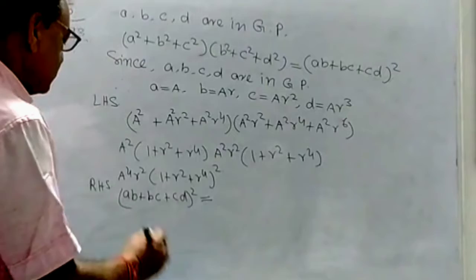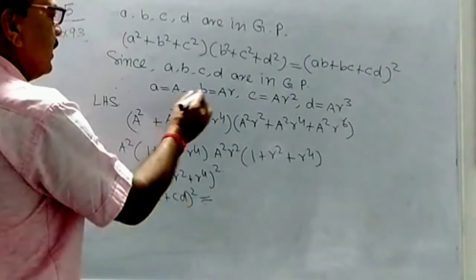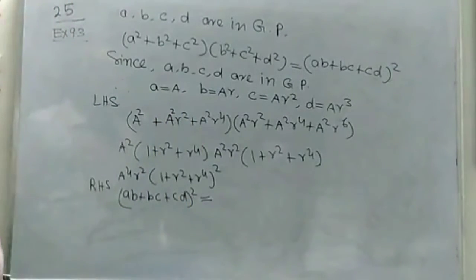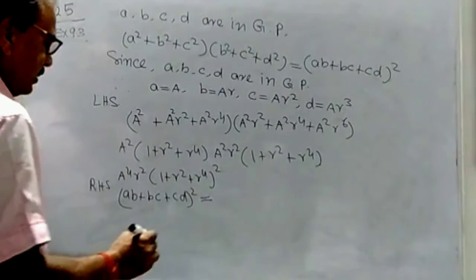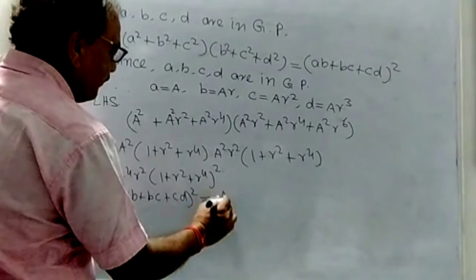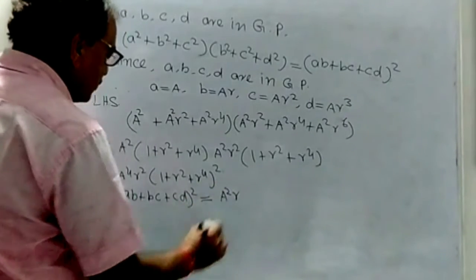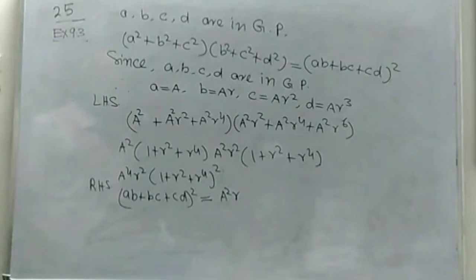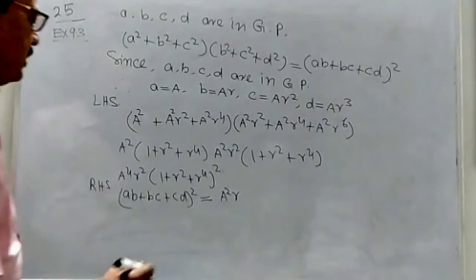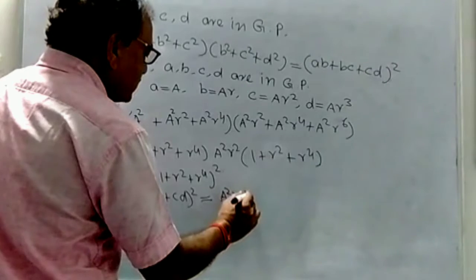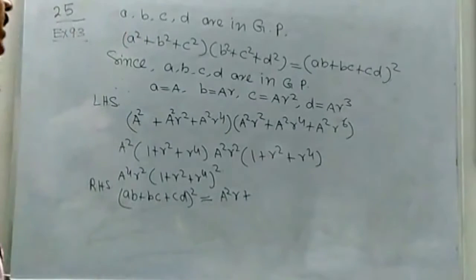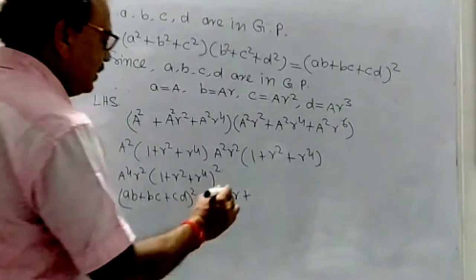The a is a and b is ar. So AB is a square r. AB plus BC: write the BC, the a square r cube.